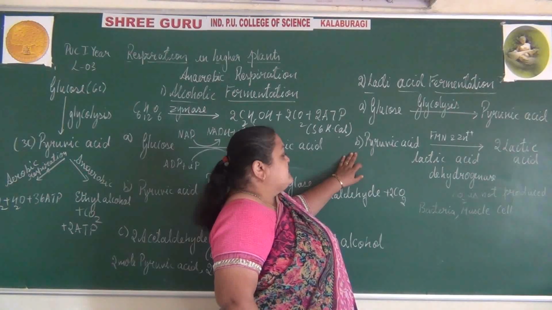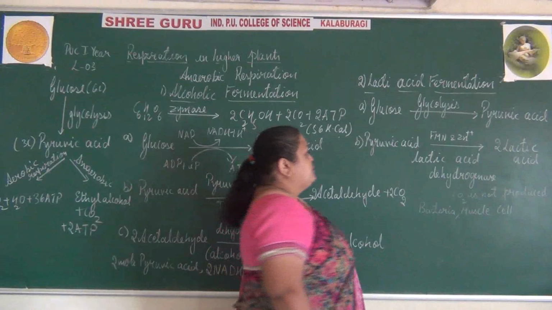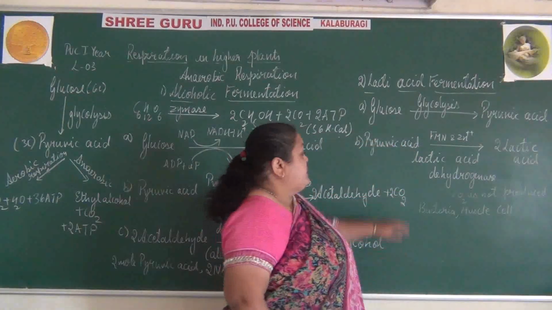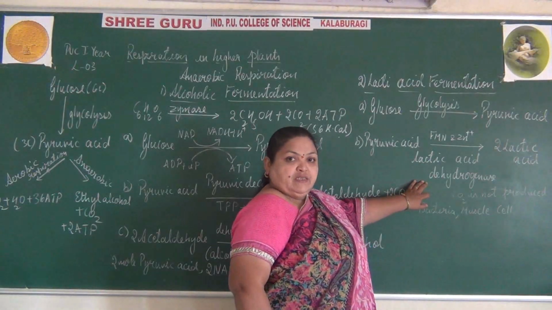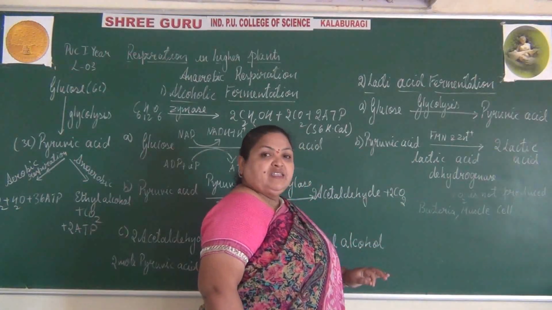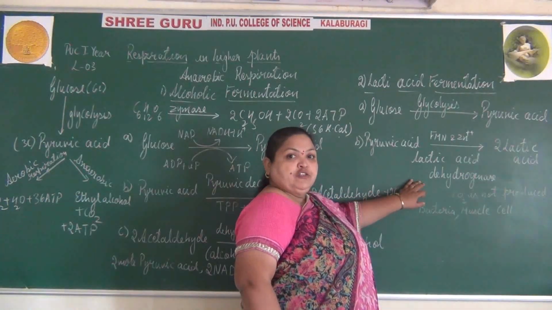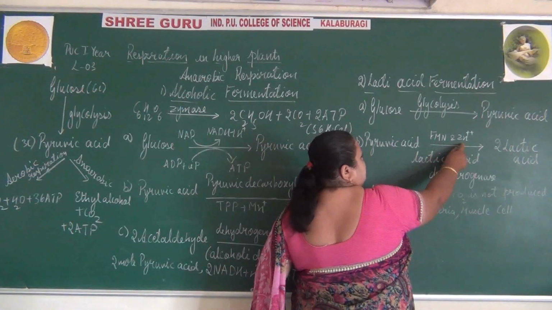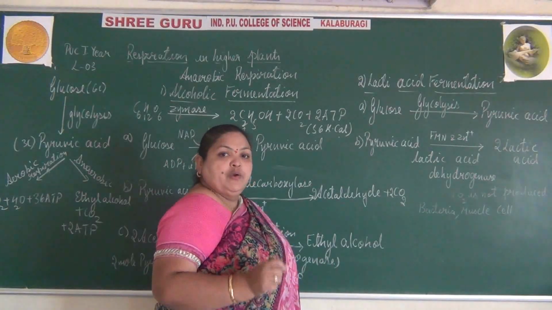Then the pyruvic acid is directly reduced to form lactic acid in the presence of the enzyme lactic acid dehydrogenase, with the help of FMN and zinc ions.